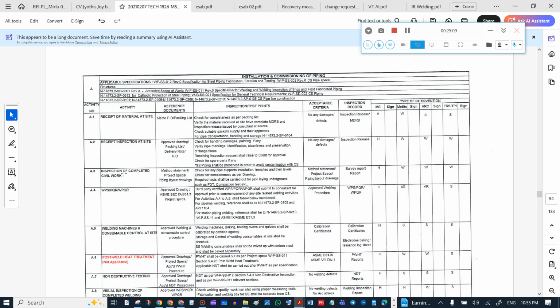So, inspection of completed civil work. Check for any pipe support installation, trenches, their levels, completeness as per drawing. Required tests have to be carried out for pipe laying underground, FDT, compaction test, etc. Then we have the WPS, third party WPS, PQR, WQR submitted for approval.